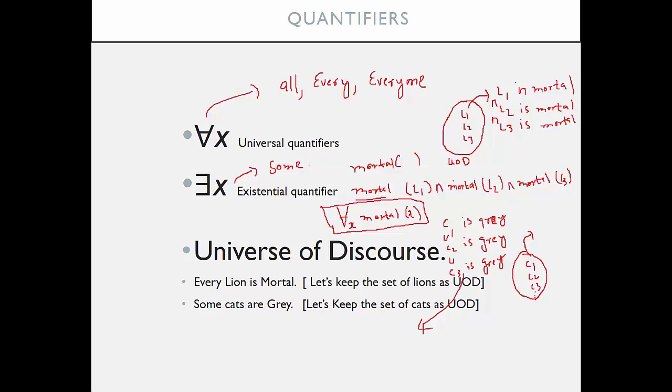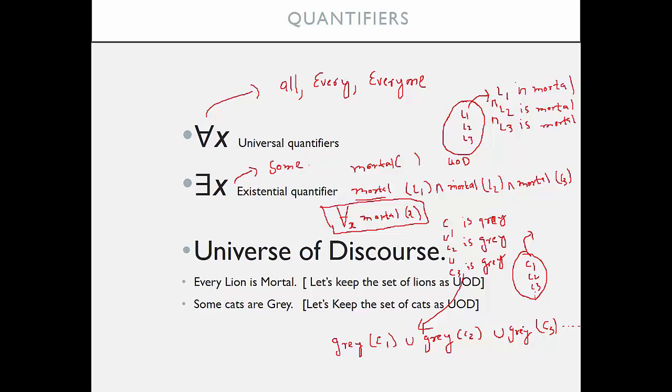If we want to represent it in terms of first order logic, how would we represent it? It is just like this: C1 is gray, or C2 is gray, or C3 is gray. Now if we have many, for example an infinite number of cats, then it can go on and on. So C1 could be gray, C2 could be gray, or C3 could be gray.